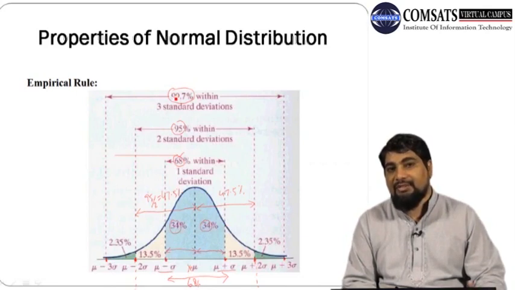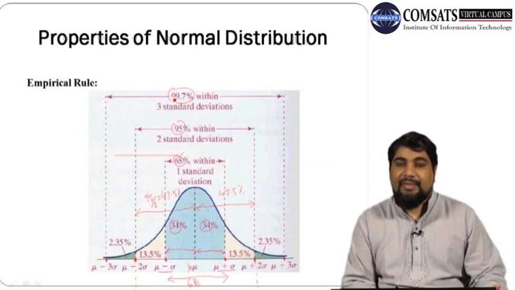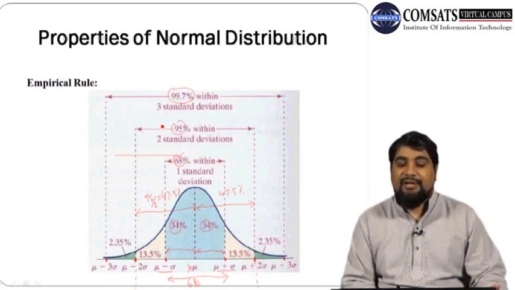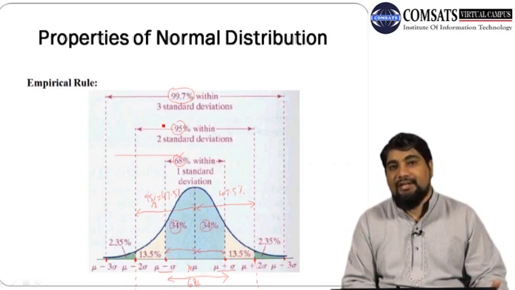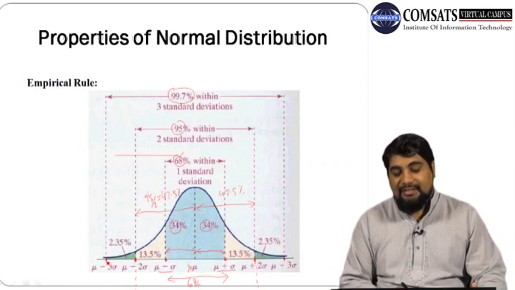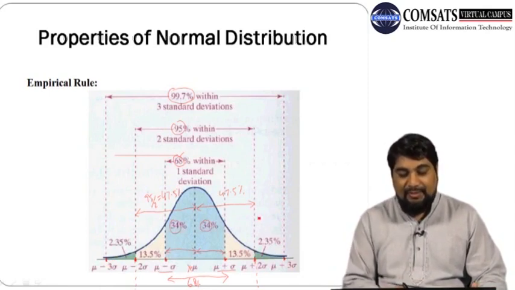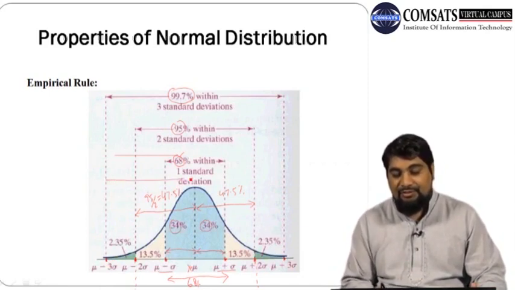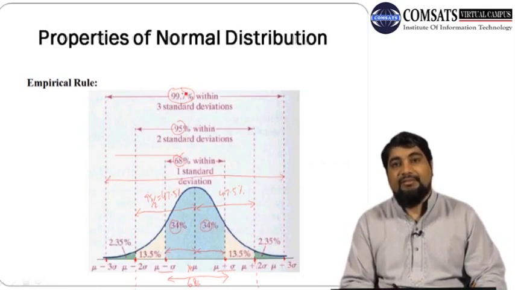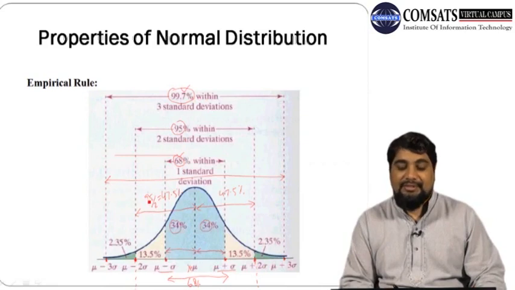Remember that in case of normal distribution the probability is the same as area, so we can use these two words interchangeably. So from mu minus 3 sigma to mu plus 3 sigma, this portion between these 2 points is equal to 99.7%.